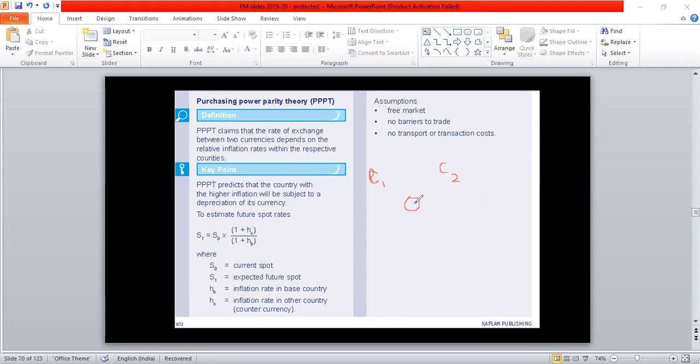these two. Let's say that country one is spending only 1 unit, $1. Quickly, let's see, $1 is equal to how many yens?